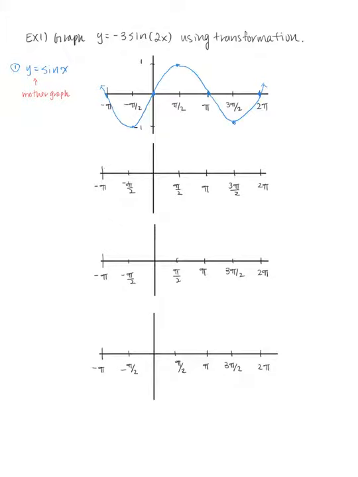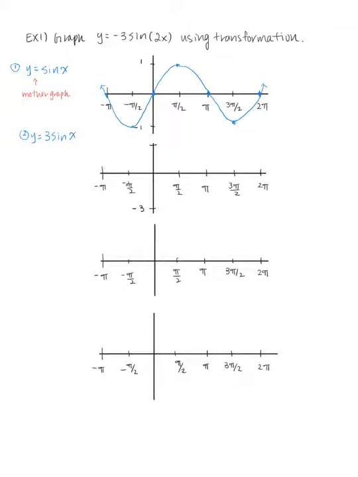So now let's look at y equals 3 sine of x. So 3 is called the amplitude. So let me just go with circle 2. y equals 3 sine of x. So instead of the range being from -1 to 1, what's going to happen is that your range is going to go from -3 to 3.